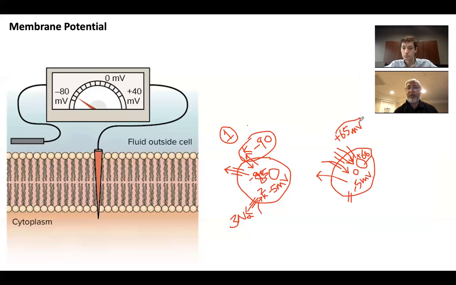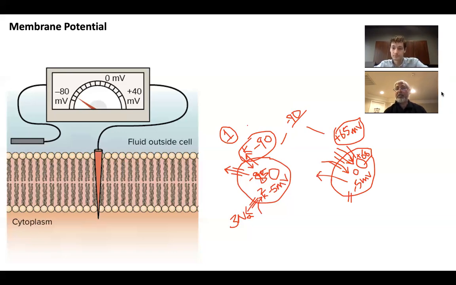Okay. Now, if we look at our resting membrane potential, which is say like minus 90, right? So resting membrane potential is close to this one or close to this one? Cell number 1, right? Cell number 1 is close to resting membrane potential, which means, what does it mean?